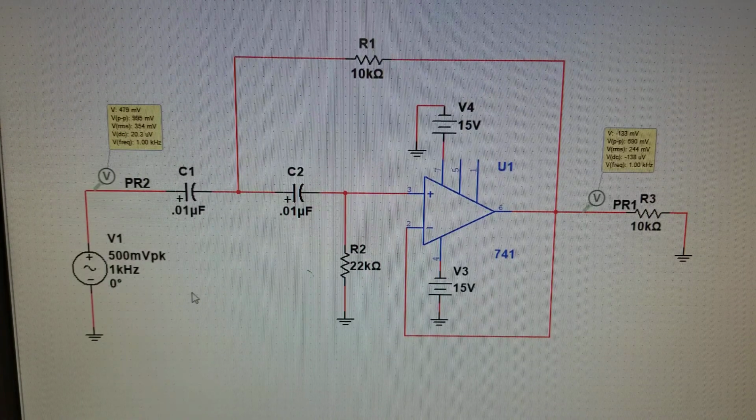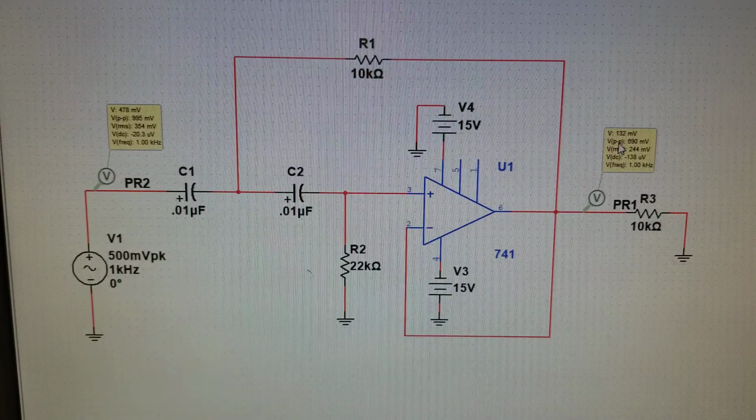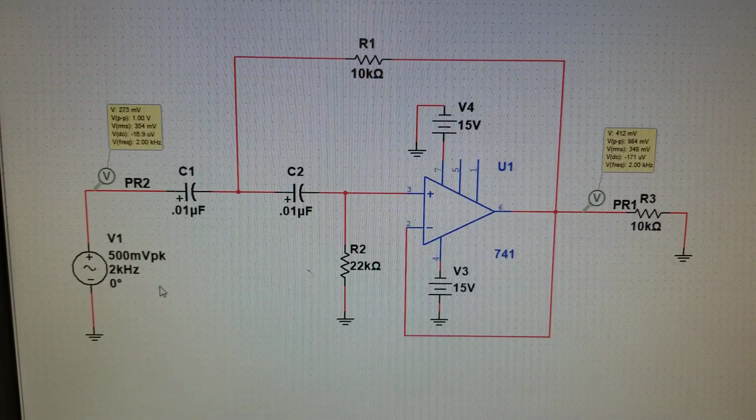So here we have an input frequency of 1 kilohertz, input voltage at 1 volt, and an output voltage at 690 millivolts. So here we have an input frequency of 2 kilohertz, an input voltage at 1 volt, and our output voltage at 984 millivolts.